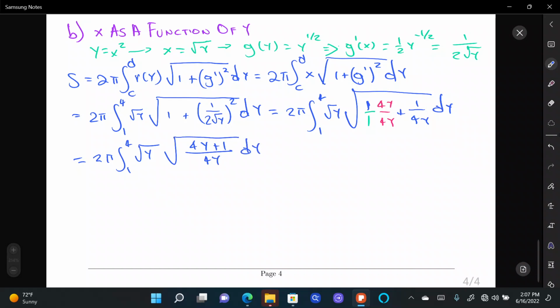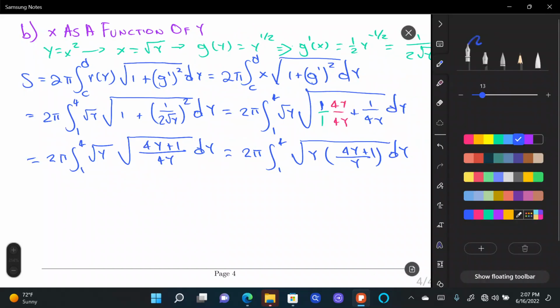And well, in this case, I'm going to use another property of radicals, because we have the product of two radicals. We can group this into a single radical by having the radical of a product. That's going to be y times the quantity 4y plus 1 over y, dy, and see how this cancels.